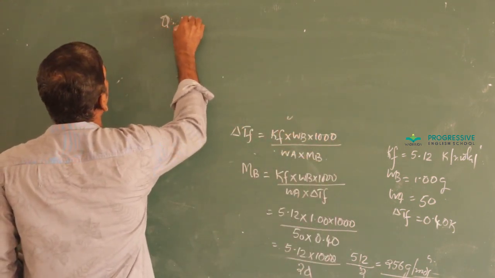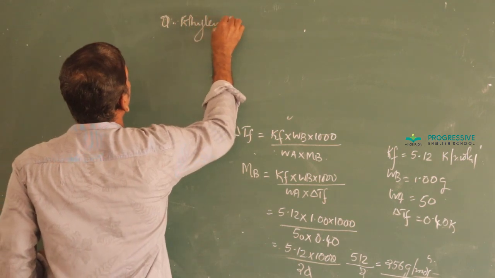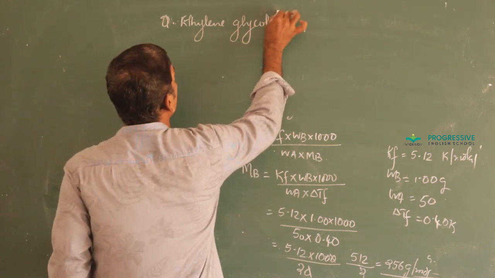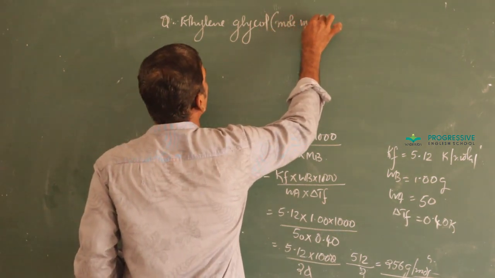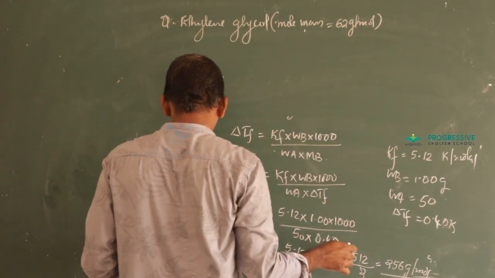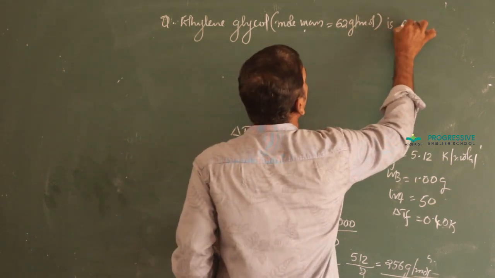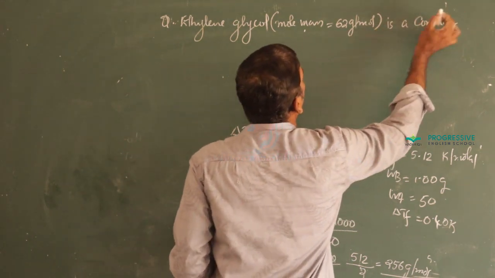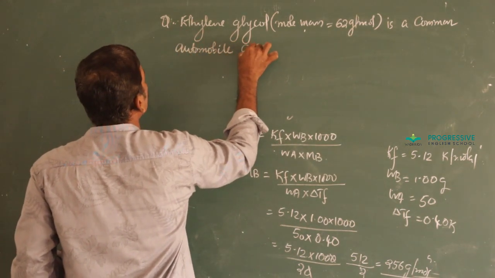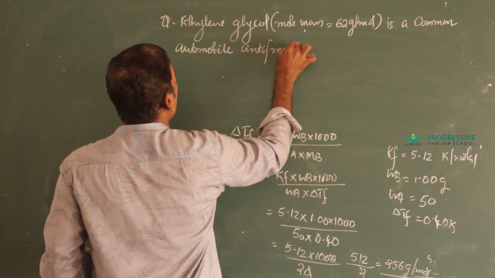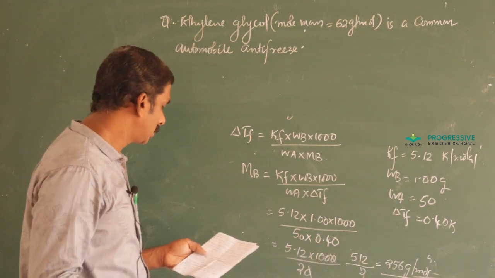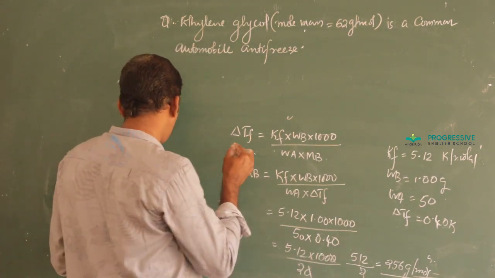And the next question: ethylene glycol, ethane 1,2-diol, molecular mass equal to 62 gram per mole, is a common automobile antifreeze. That is why it is used in the radiator of a car to decrease the freezing point.